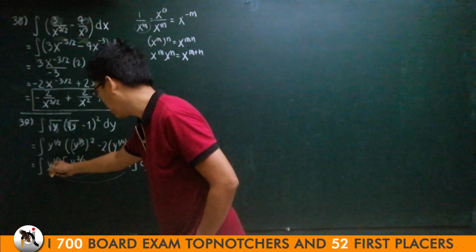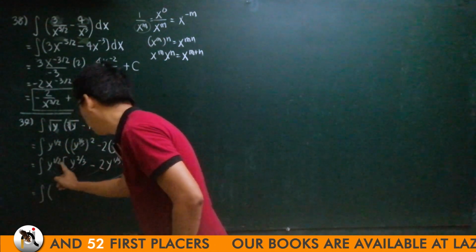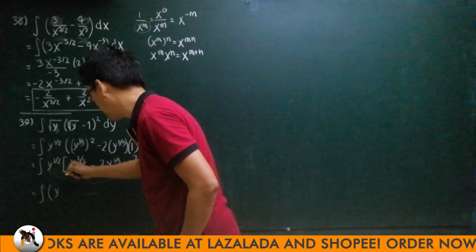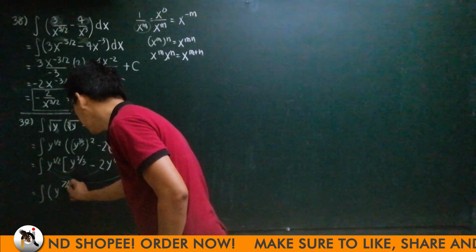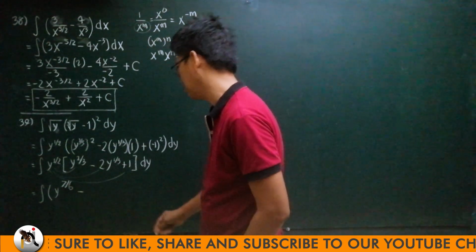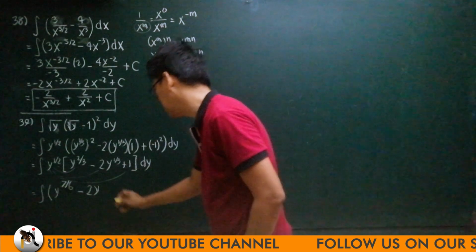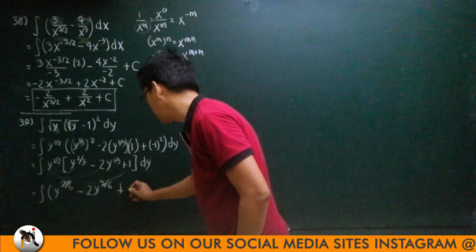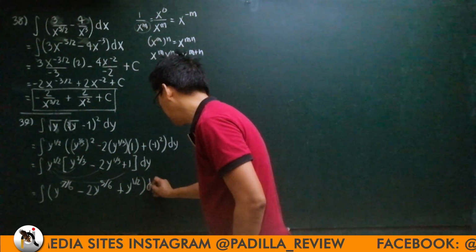It's going to be 1/2 plus 2/3, so this is going to be y to the 7/6, minus 2 y to the 1/2 times y to the 1/3. So this is going to be y to the 1/2 plus 1/3, y to the 5/6, plus y to the 1/2 times 1, that is y to the 1/2, dy.